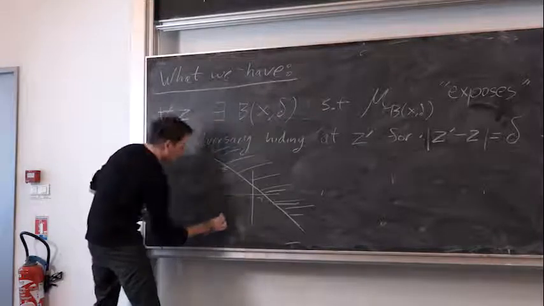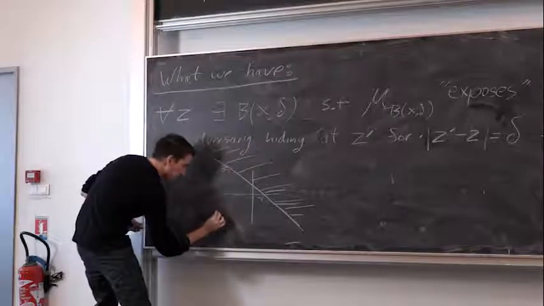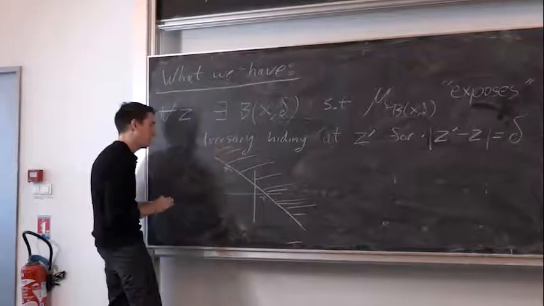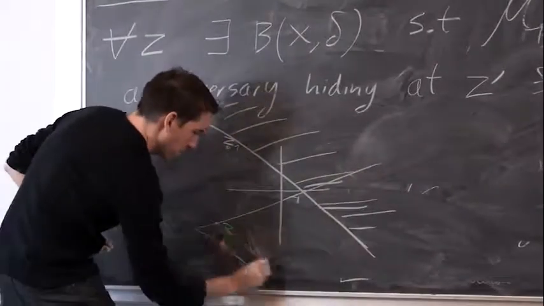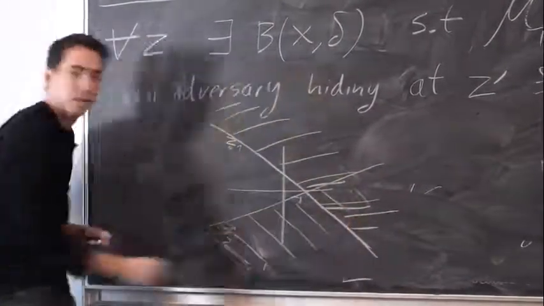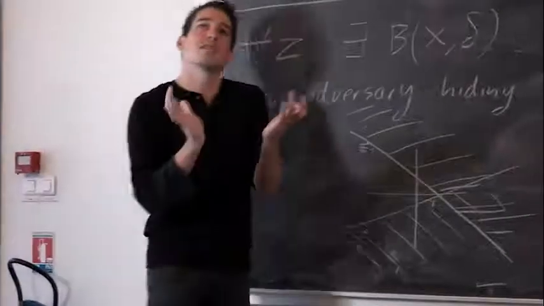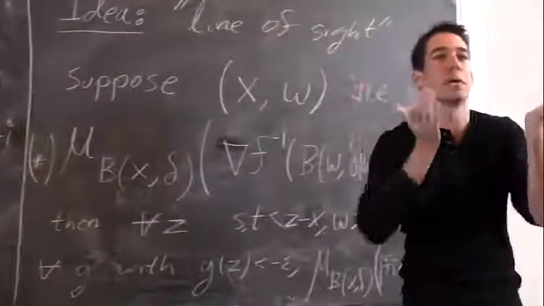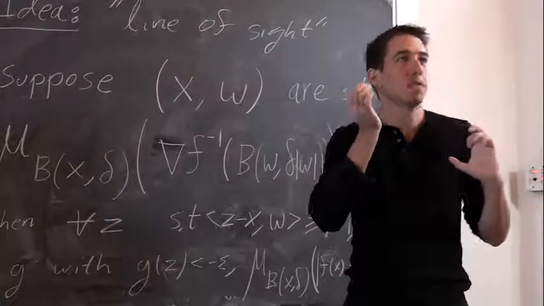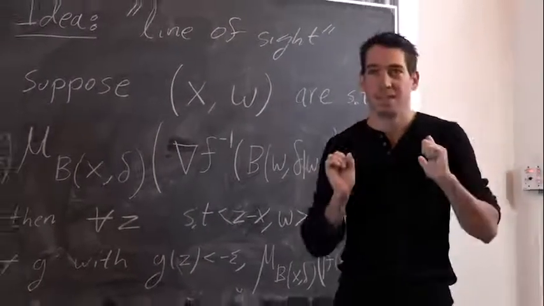So this is z1, and if this is z2, then I maybe have this half space. And I can find basically a union of half spaces which almost covers my space. But some points can still hide.